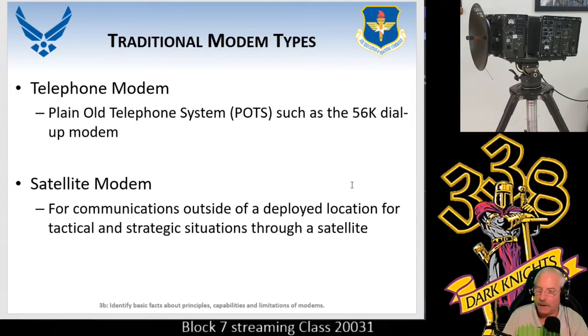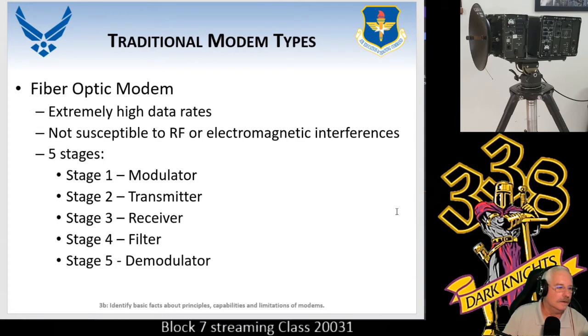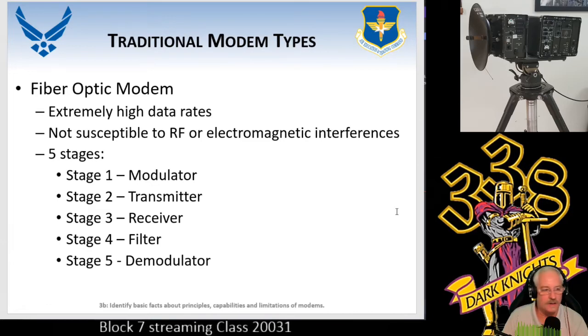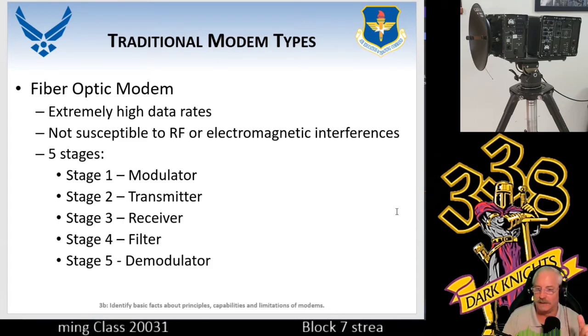That's a satellite modem. We have fiber optic modem. This one requires us to know the 5 stages: stage 1 is a modulator, stage 2 is a transmitter, stage 3 is receiver, stage 4 is a filter and demodulator. In other words, it's taking from the transmit side all the way through to the distant end and how it gets there.